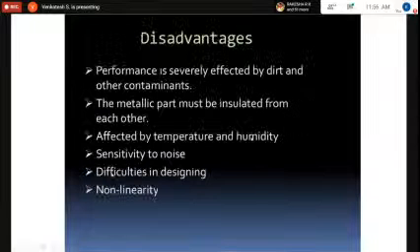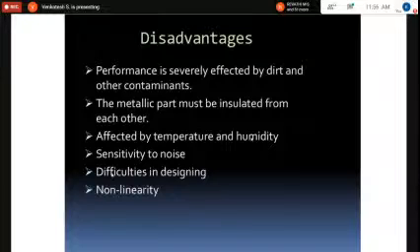But there are some disadvantages: nonlinearity, difficulty in design, sensitivity to noise, and it is affected by temperature and humidity. It is very sensitive to temperature variation because it is made of metal. Metal expands or contracts with the temperature, and the metal structure also absorbs humidity and expands or contracts.